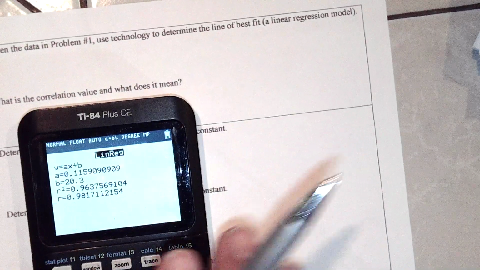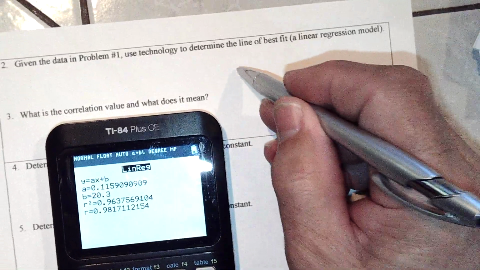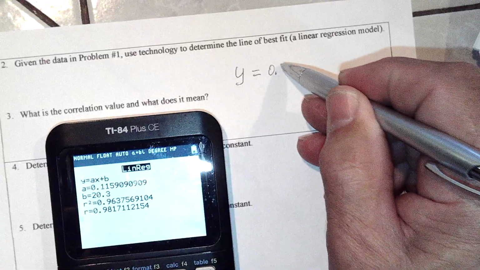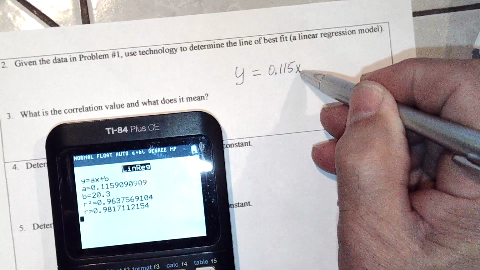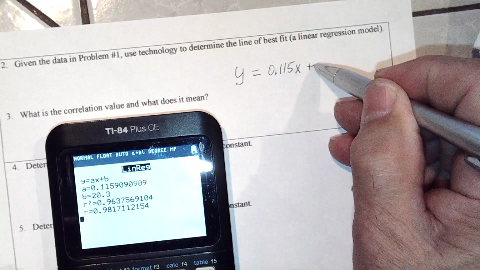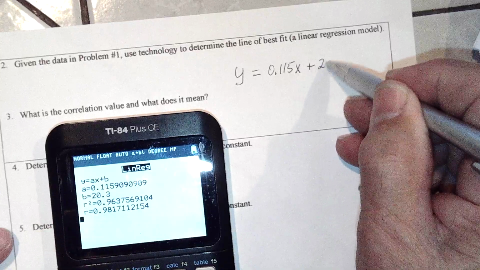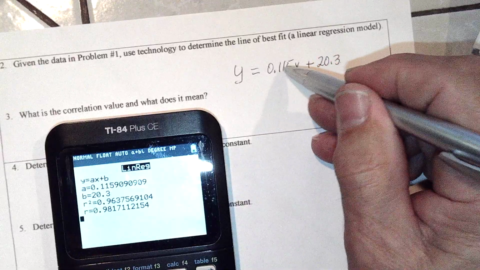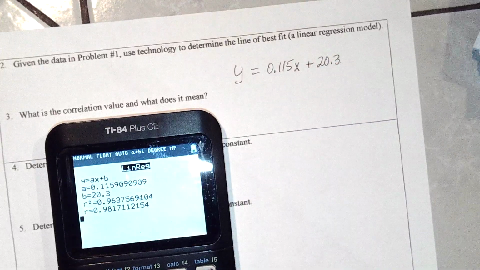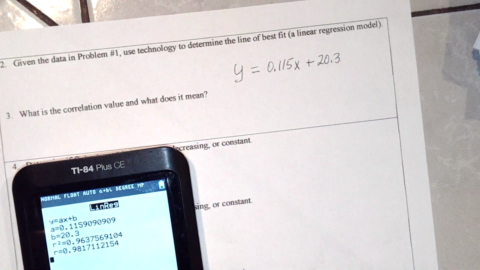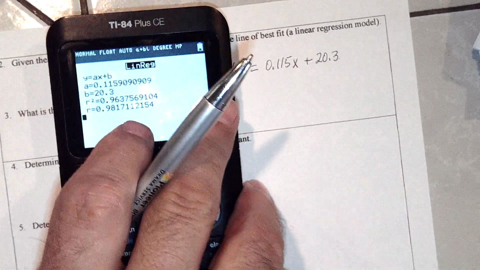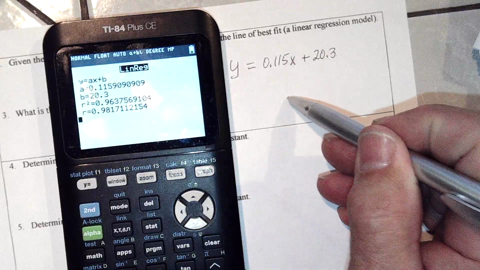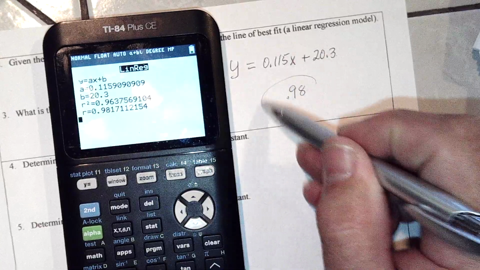The line of best fit is y equals 0.115x plus 20.3. That's in inches, and this is inches per penny. And the correlation, how well did it fit? It fit pretty good. It's 0.98.